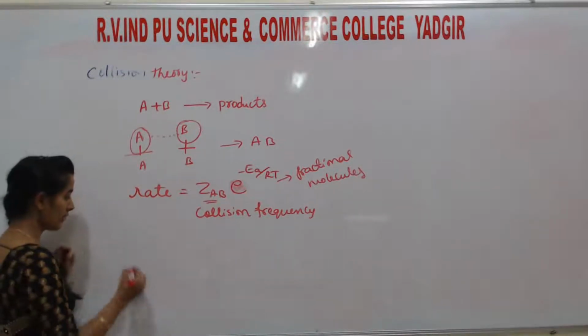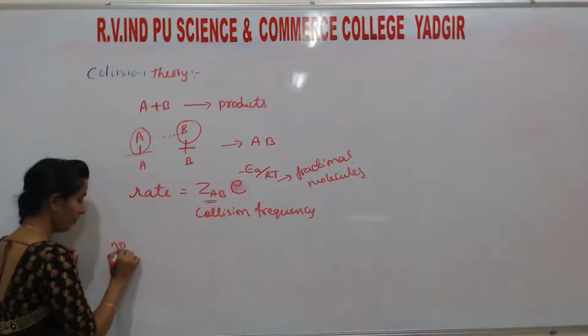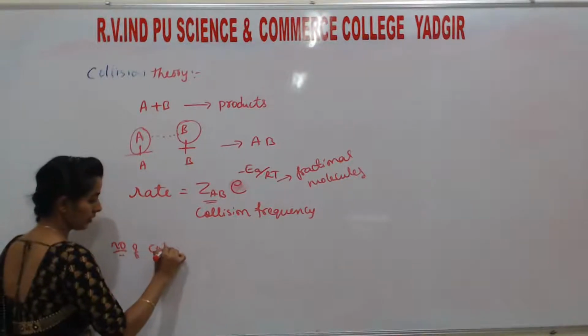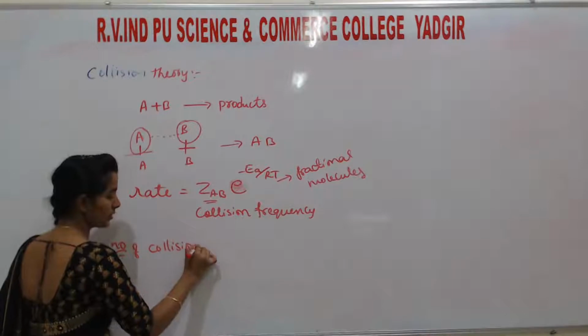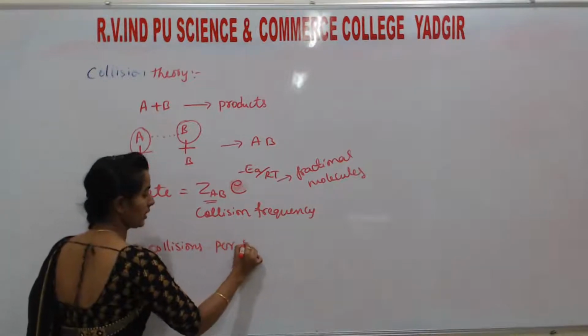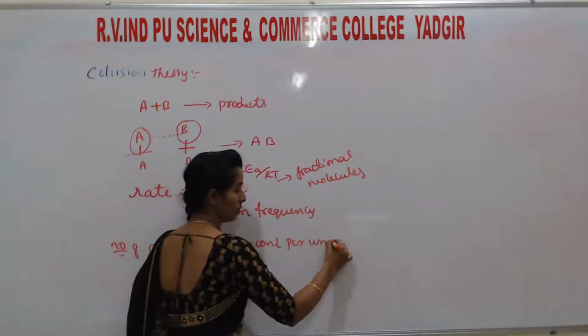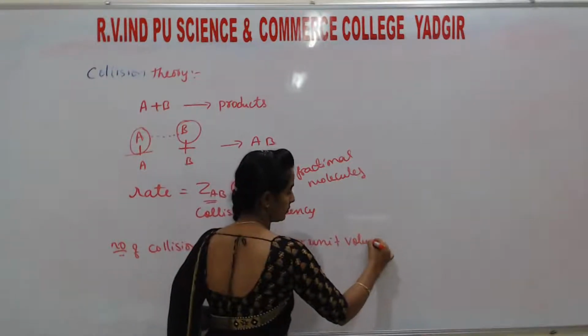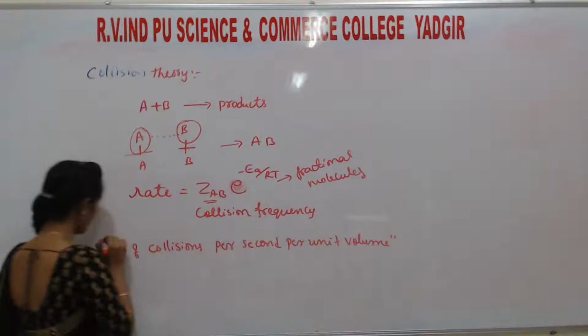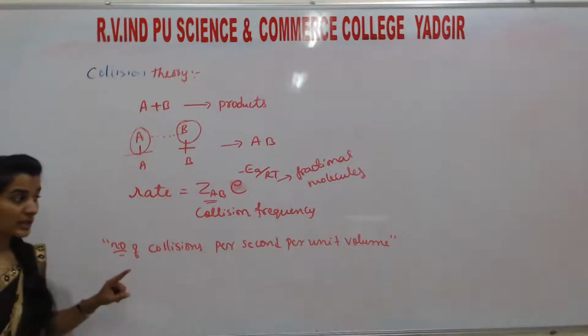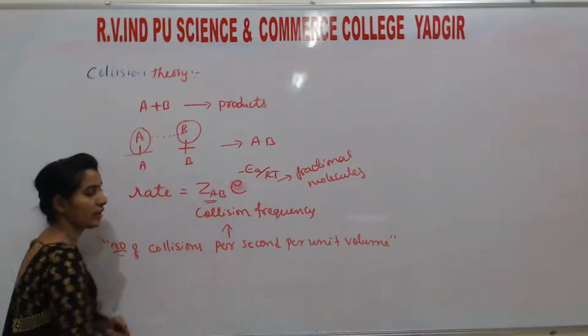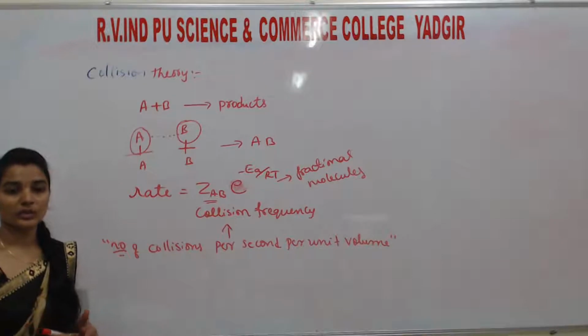What is collision frequency? The number of collisions per second per unit volume is called collision frequency.